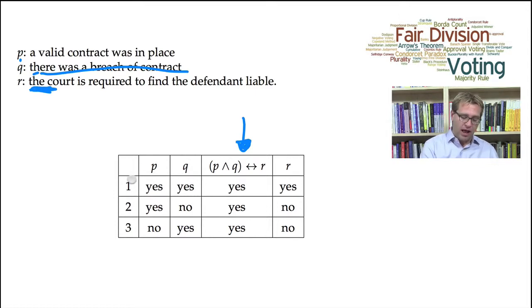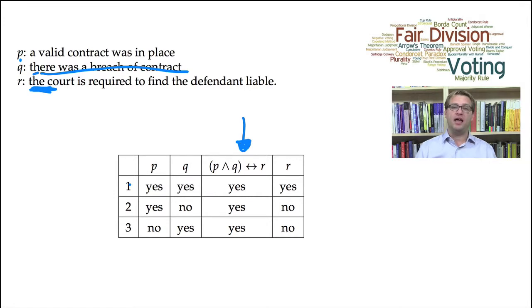So now our experts, voters 1, 2, and 3, let's say they're judges. And of course, they have to be committed to the law. So they have to judge P and Q if and only if R to be yes. They have to agree to the law. This is a constraint placed on all of the judges.